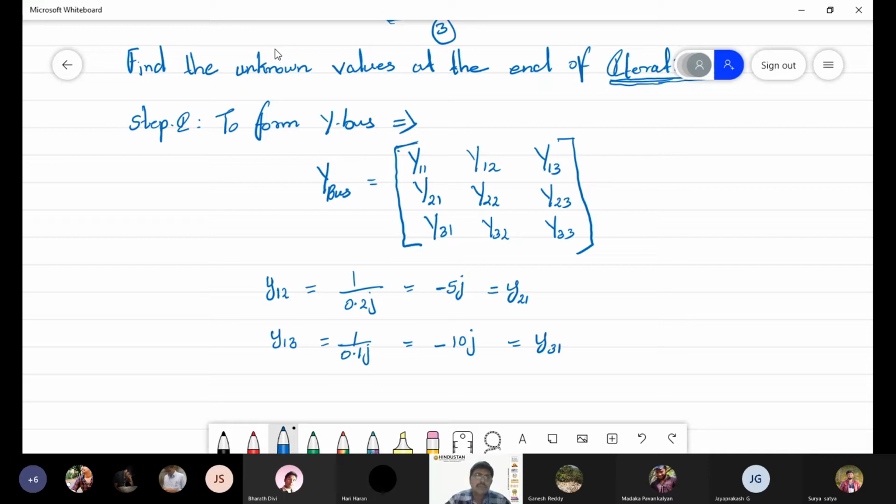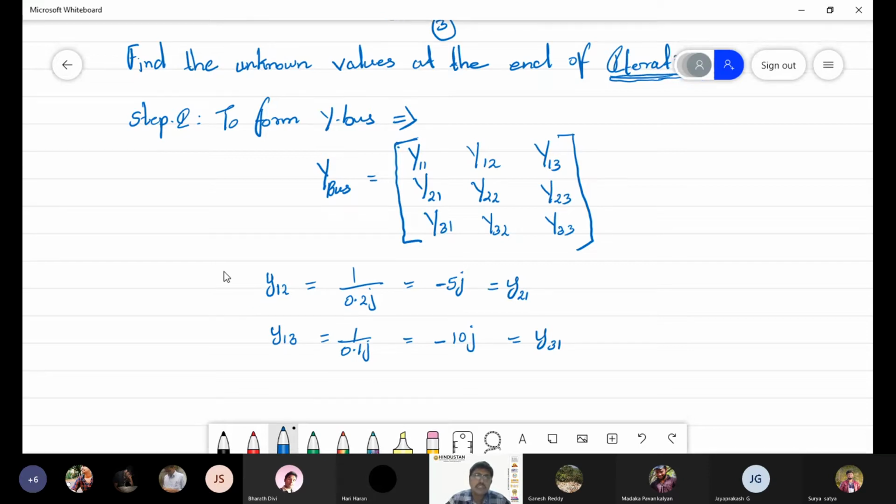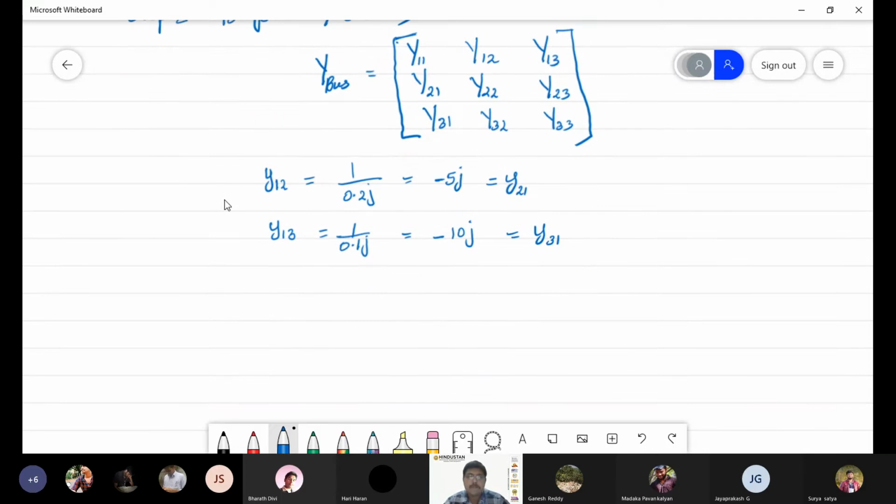Now I am writing for y11. y11 is the combination of both, therefore I can write y11 as y12 plus y13, which is equal to minus 15j. So easily you can get y11. Similarly y21 we got, and y22 and y23 we need to find.